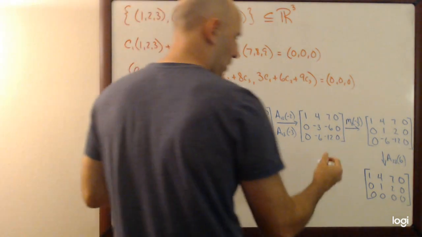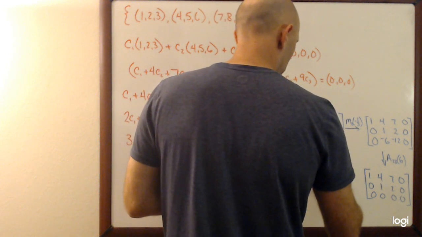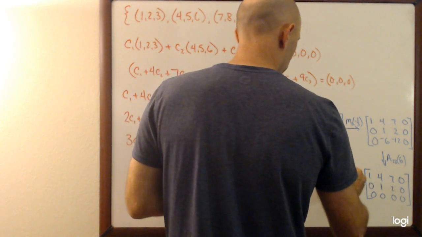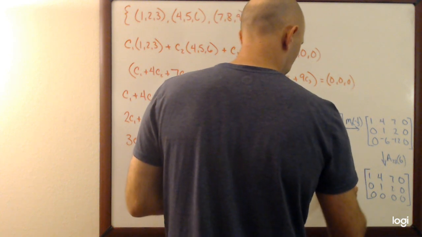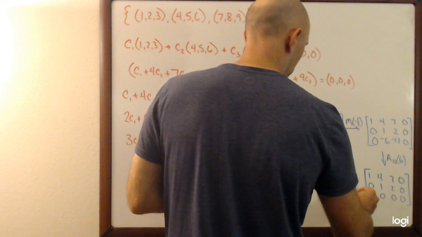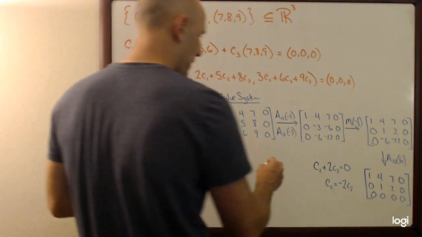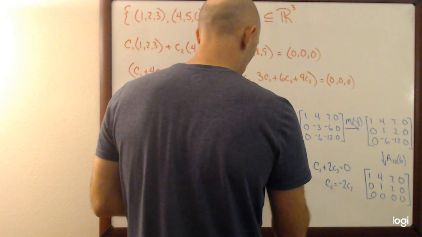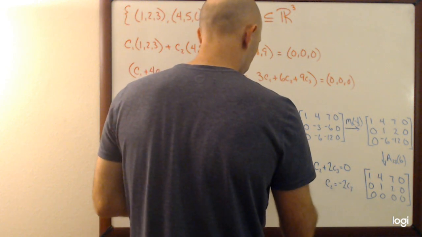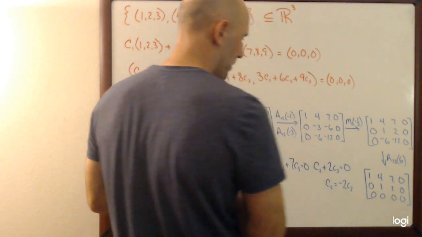That second row is the equation C2 plus 2C3 equals 0, hence C2 equals negative 2C3. The first equation reads C1 plus 4C2 plus 7C3 equals 0.